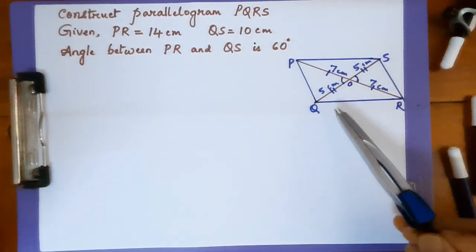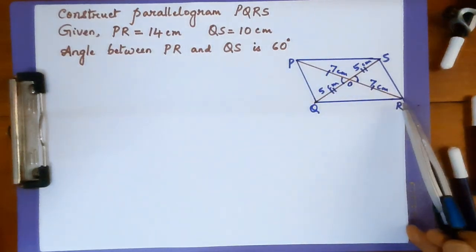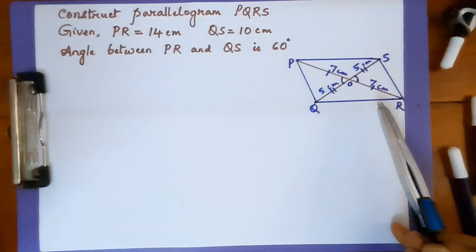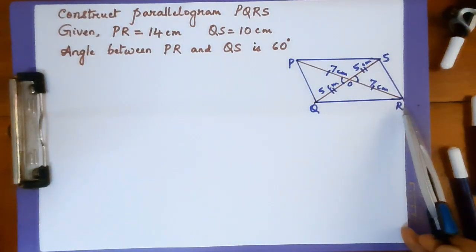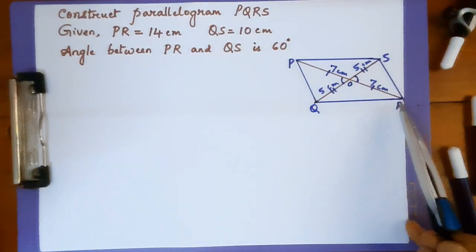So the approach is, I have to first start with a diagonal, any one of the diagonals. If I choose to draw PR first, I would be drawing 14 centimeter PR.